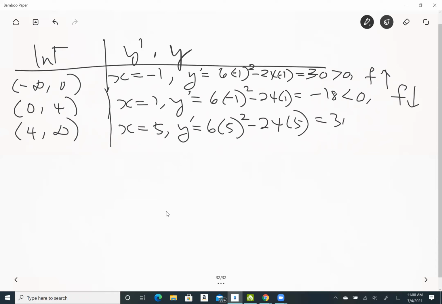So you got 30, that is positive. So the function is increasing. So you see here, the curve is increasing, decreasing, and then increasing again.